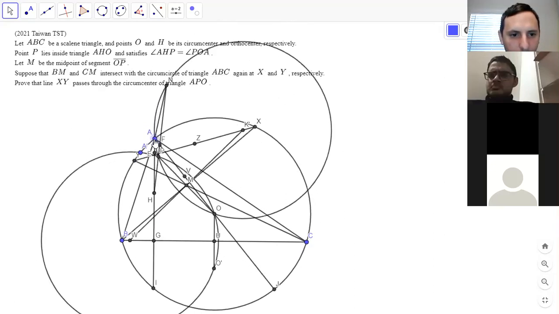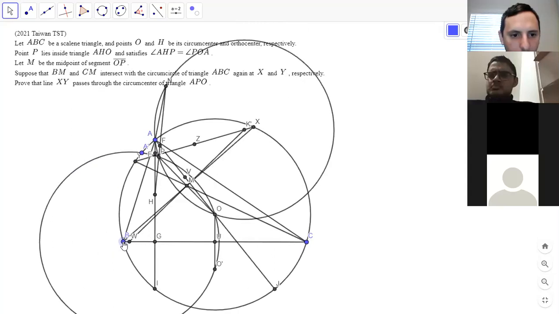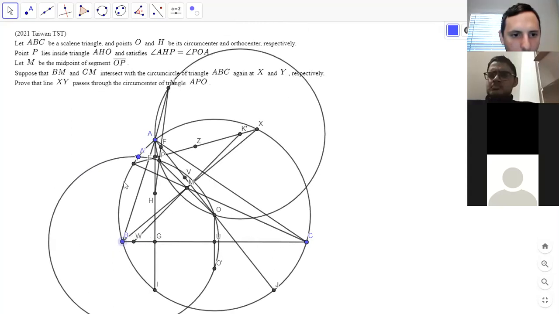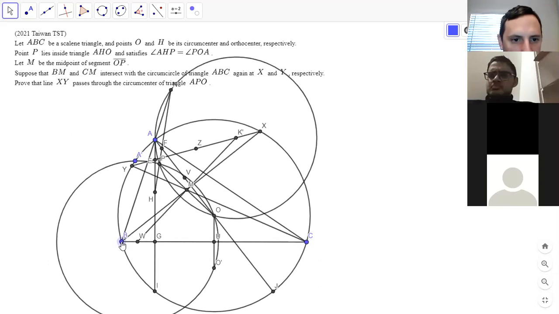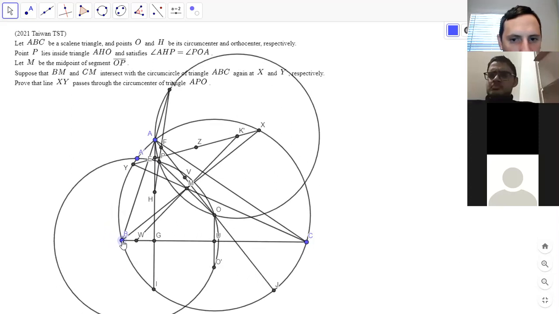Yeah, it's hard to get a good diagram, I'm sorry, there's just so many points, but maybe I could delete some of the points now that we figured out some stuff. Sorry, Urajan.